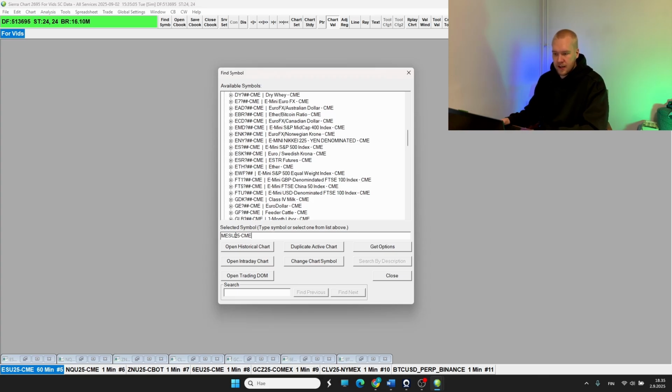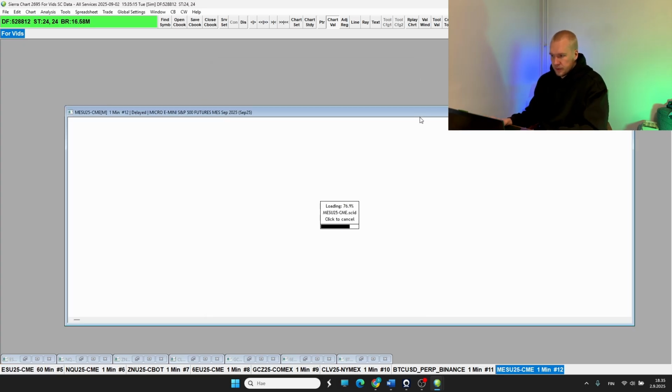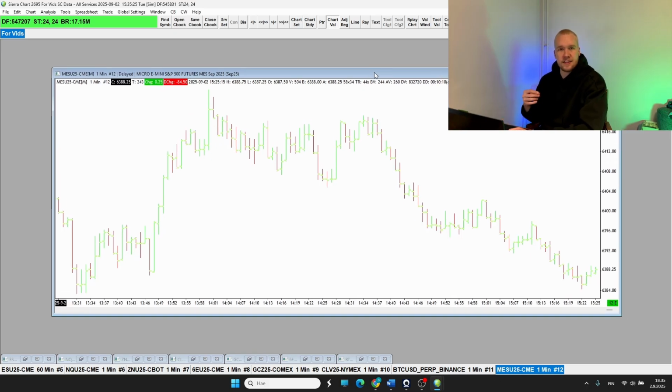It is the MES, and you want to take the newest contract or the one with the most volume and open an intraday chart. Now, even if you don't have Sierra Chart, you can still try to copy as many settings as you can from this tutorial, and I think this will still be a good segment to watch even if you're not using the same platform.